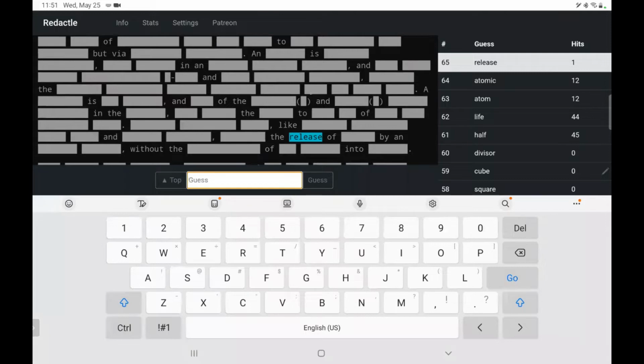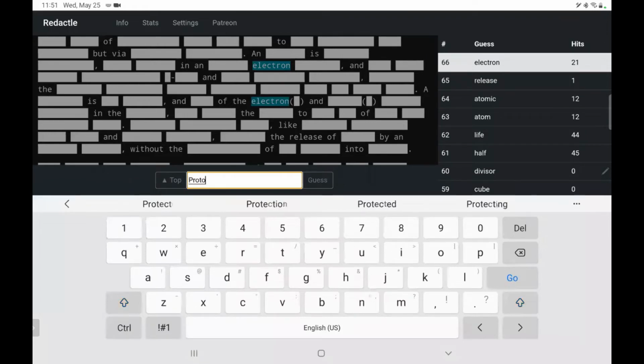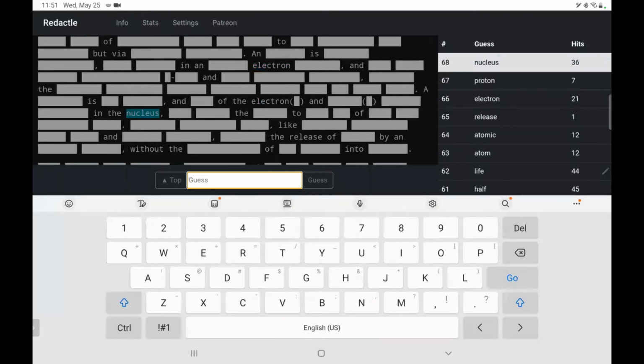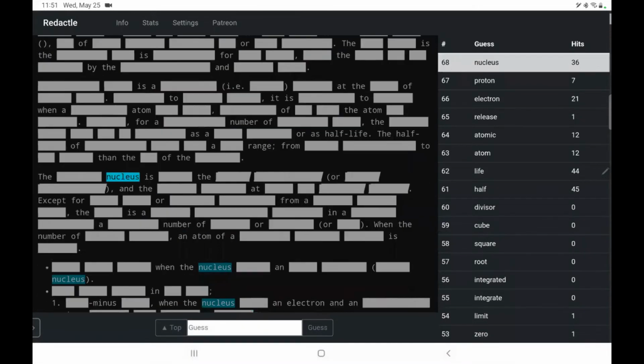Okay, I wonder if these characters within the parentheses could be Greek characters. What do they release? Oh, let's go back to, we should do electron. Okay, and the proton and the nucleus. The something nucleus.